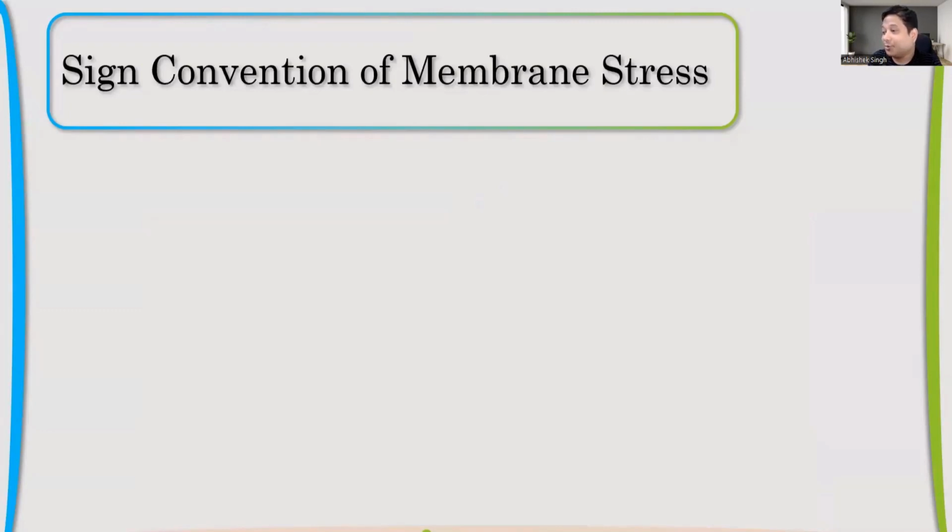For sign convention, you don't worry if you don't understand, because WRC has already given the sign convention for all these loads. When we are calculating this, you will see a table. In that, the sign is already mentioned. Based on the formula, we just have to find the value and put it there.